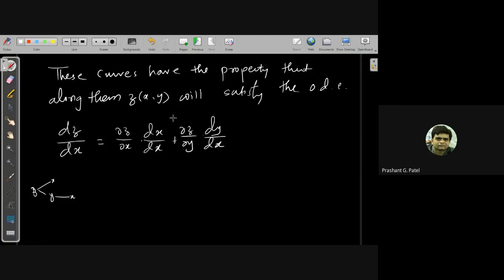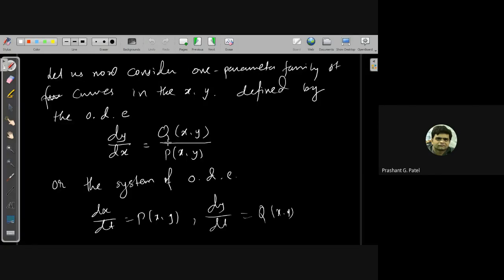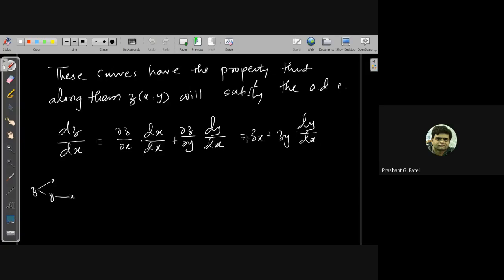But dx by dx will be 1, so it is z_x plus z_y dy by dx. But dy by dx we have assumed is q by p. So this will be z_x plus z_y into q by p. If you take the LCM, then you will have p into z_x plus q into z_y upon p.